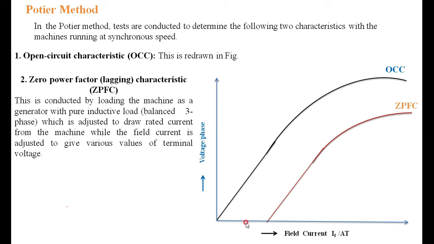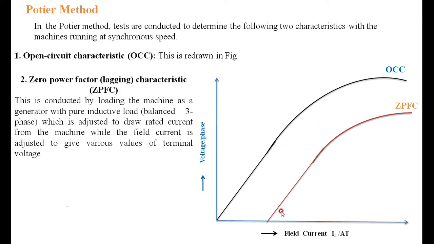Okay, here for different values of the field current, you note down the terminal voltage in the case of ZPF characteristics. Whereas open circuit characteristics, you are aware, is under no load condition. You go on changing the field current, you have to note down the generated voltage. Thereby you are drawing the open circuit characteristics.